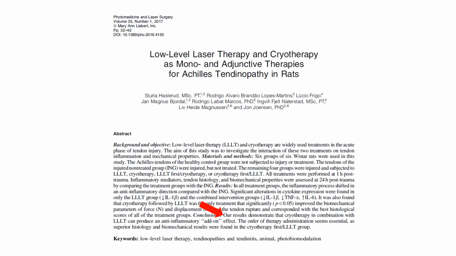The order of therapy administration seems essential, as superior histology and biochemical results were found in the ice first, laser second group. So if someone is going to use ice on an injury, again, it should be used within that 6-hour window. And if you're going to use ice and laser together, you would use ice first and then laser second.